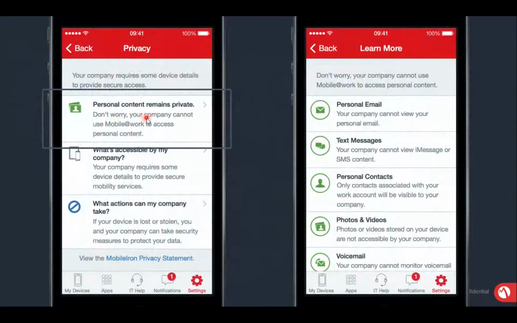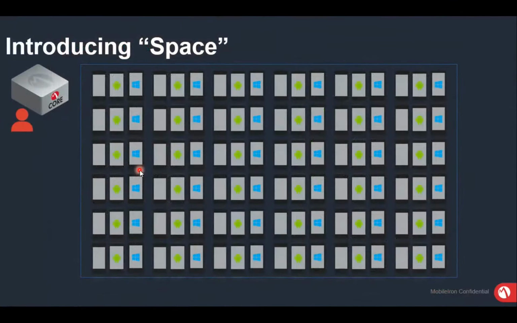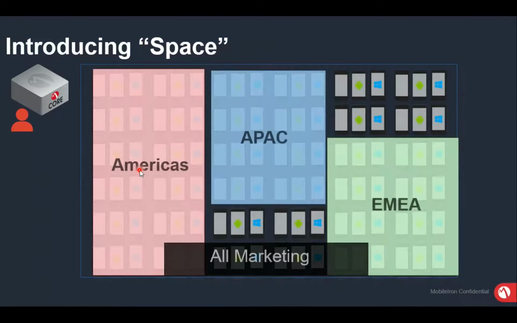Company can only access company shared data, or they have certain privileges, which I can show you during the demo. And there is something called space. For an example, if a company has a head office in one region and different branch offices across regions, and there is one marketing team which is common for all regions, they can create spaces either region based or department based.